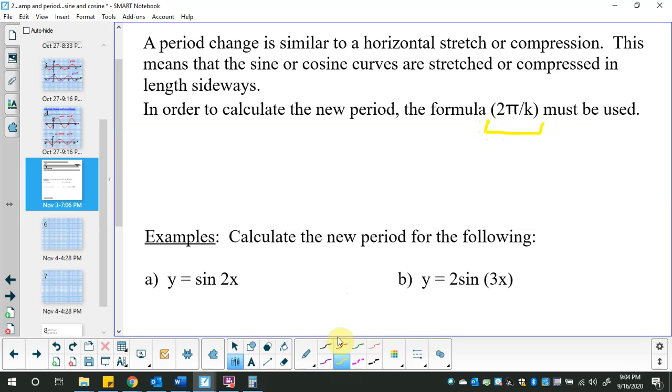In grade 11, you may have used 360 degrees over k, or divided by k. That is okay, but because it's grade 11, it's in degrees, and I'll be giving you information in radians this year. So this is something you're going to have to pull off for every single question.